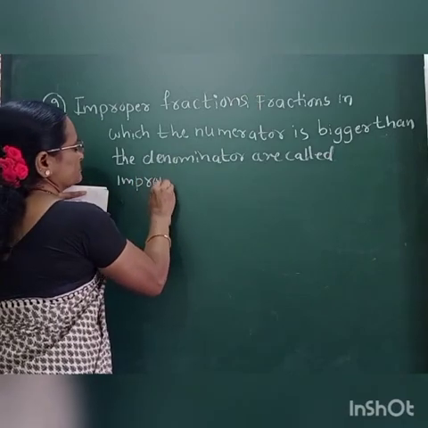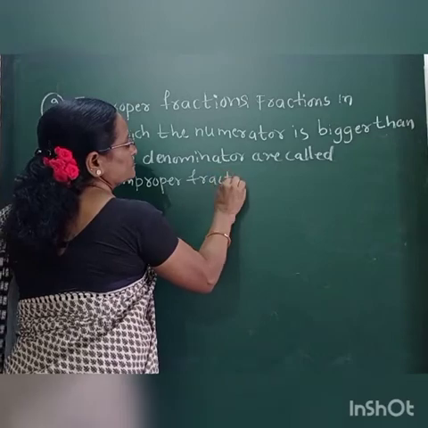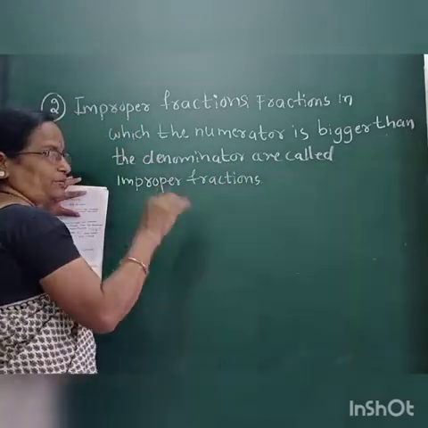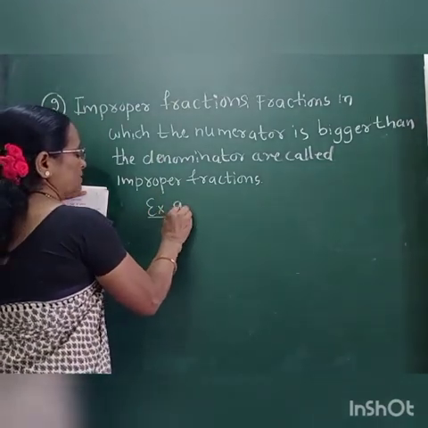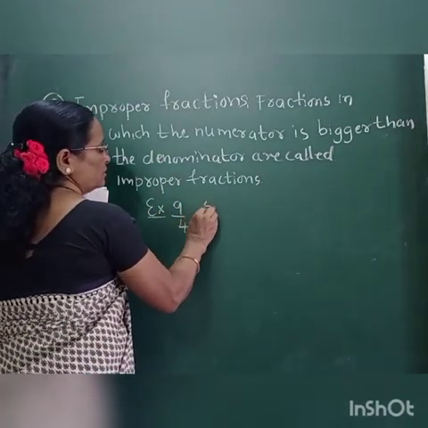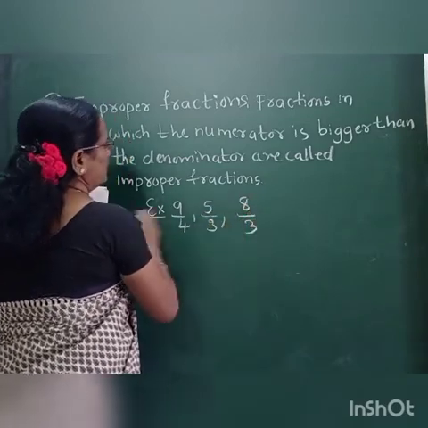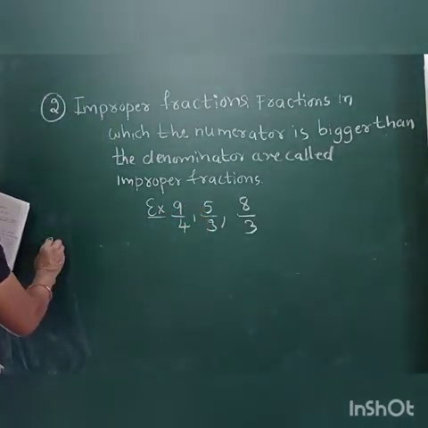Here the denominator is smaller and the numerator is greater. Okay. Example, 9 by 4, 5 by 3. Any examples you can take. Here the numerator must be greater than the denominator.